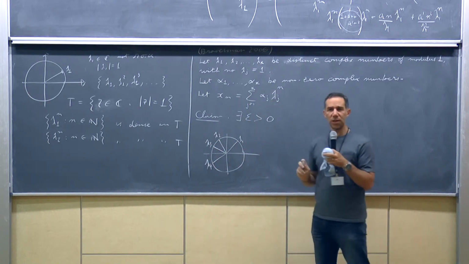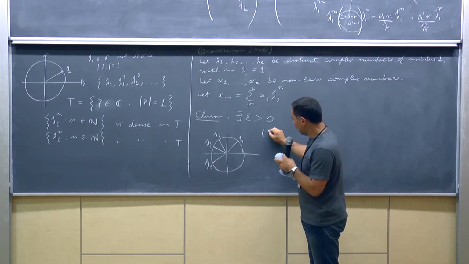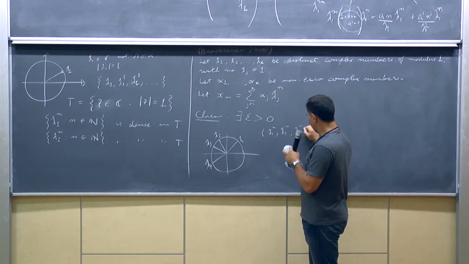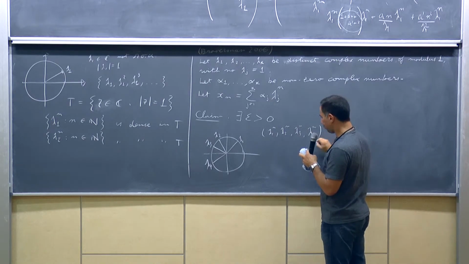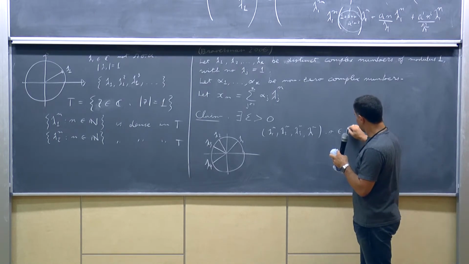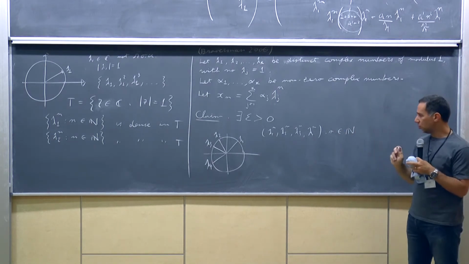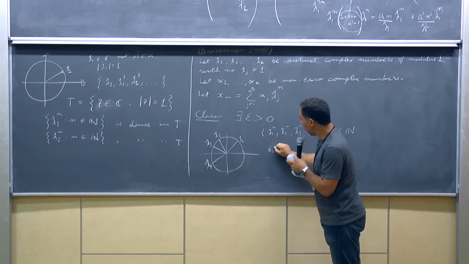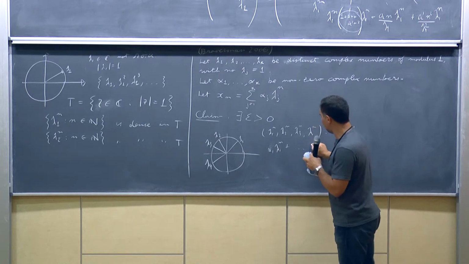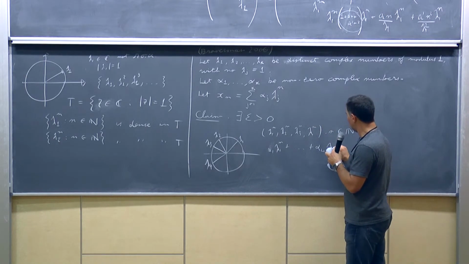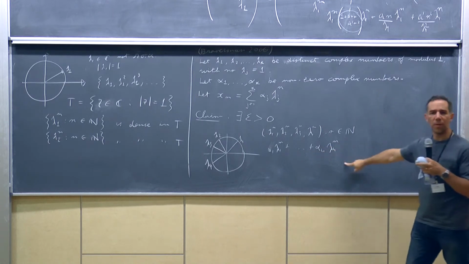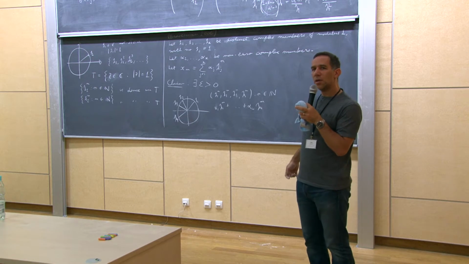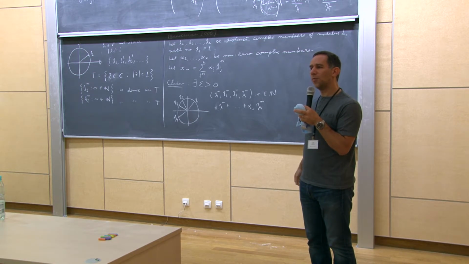And I'm going to look at the iterates lambda 1 to the n, lambda 2 to the n, lambda 3 to the n, and lambda 4 to the n as n ranges over the natural numbers. And I'm going to consider the sum alpha 1 lambda 1 to the n plus dot dot dot plus alpha 4 lambda 4 to the n. I want to look at this sum. What do you think happens to this sum? What kind of behavior might it have?